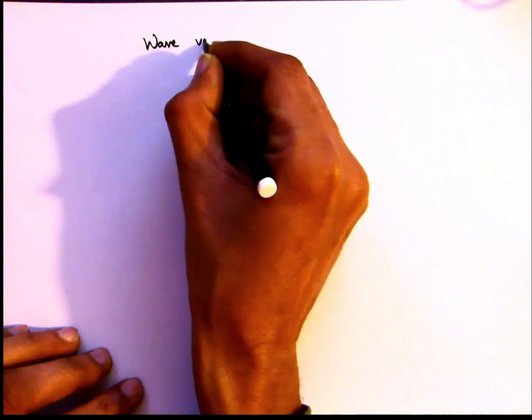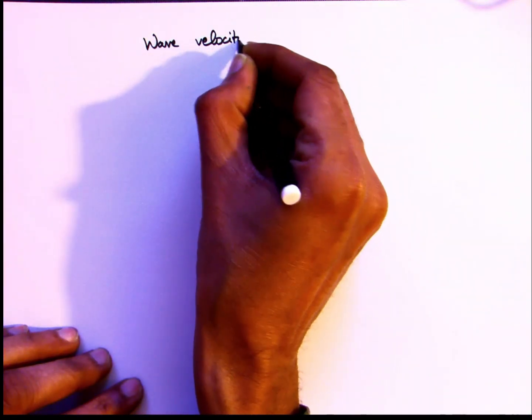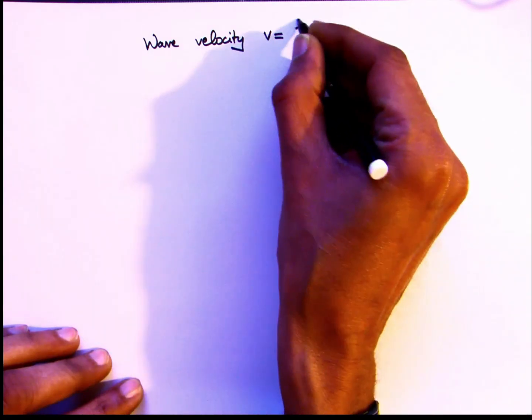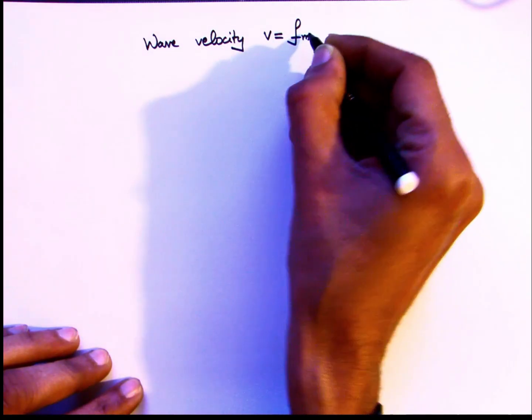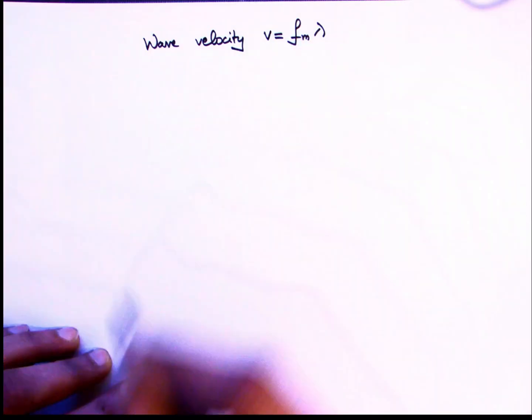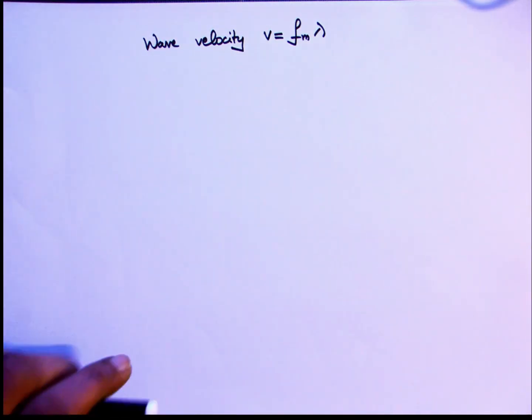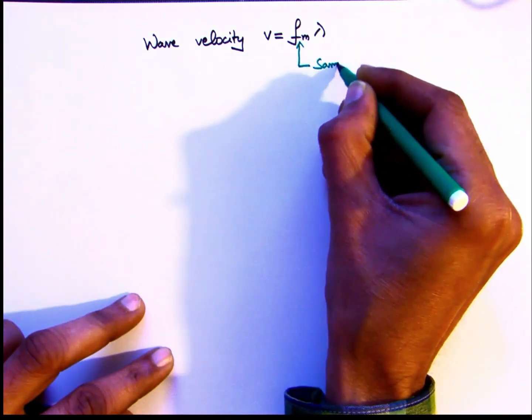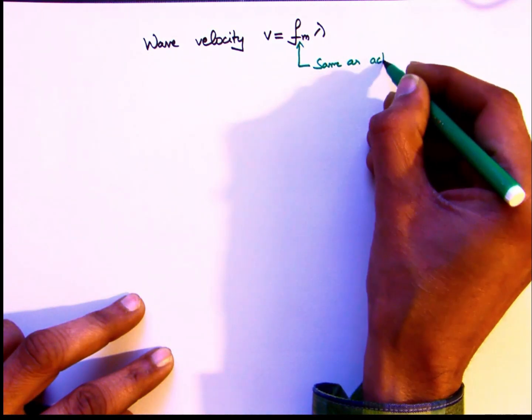So we can obtain the wave velocity from the measured wavelength as the product of the applied frequency and the measured wavelength. So applied frequency is basically the same as the frequency with which the actual machine is supposed to operate.